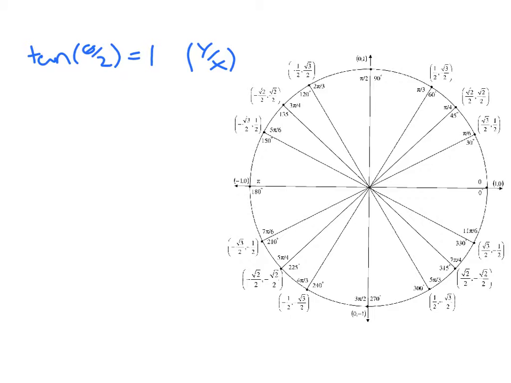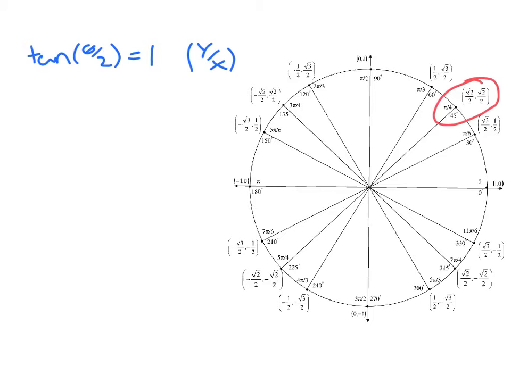So y over x is equal to 1 when x and y are the same. Here y over x would be 0 over 1, that's 0. Here it's 1/2 over the square root of 3 over 2, which, by the way, those halves will cancel, and so this ratio y over x is equal to 1 over the square root of 3. Here, they're the same. So let me circle that.